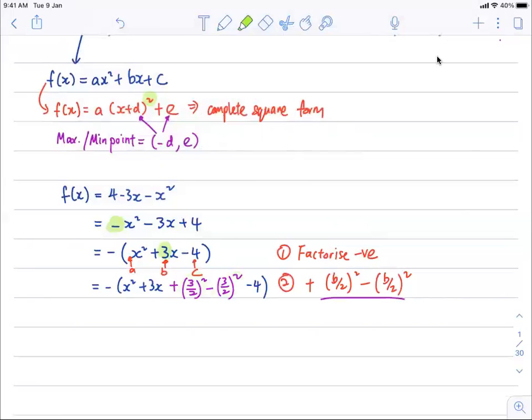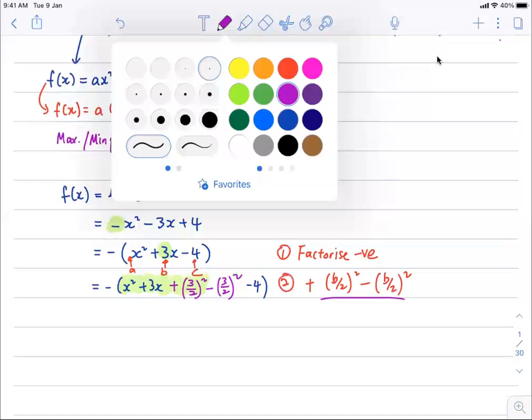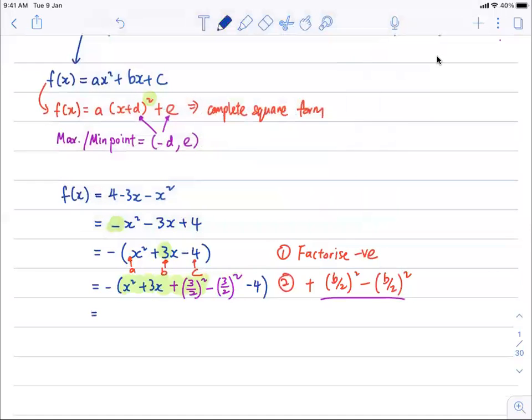The reason we want to add (b over 2) squared minus (b over 2) squared is because we want to get this part, so that we can get something like this. (x plus 3 over 2) squared.